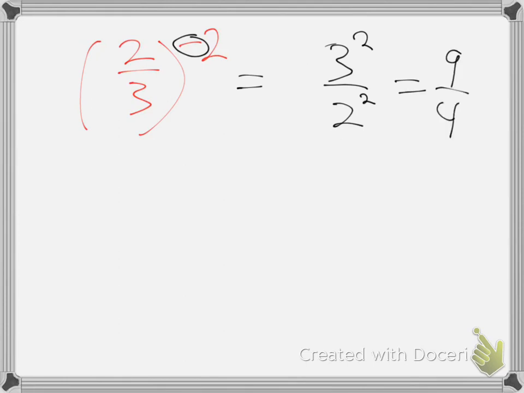Now, let's do that one more time. What if there had been a regular negative sign, not a power negative? You understand there's a difference, right? A power negative sign flips. But what if there had been just a regular negative sign in there? Let's just do the same thing. What does the negative part of the power do?